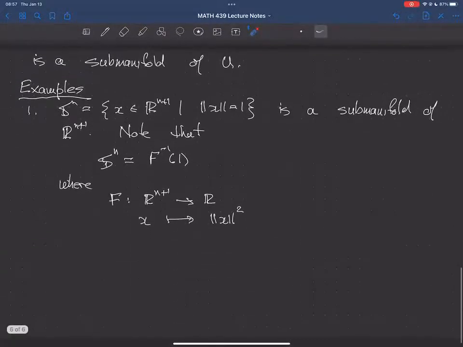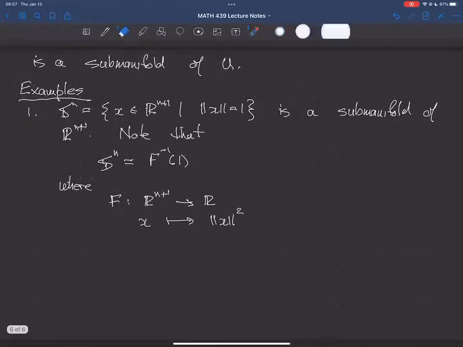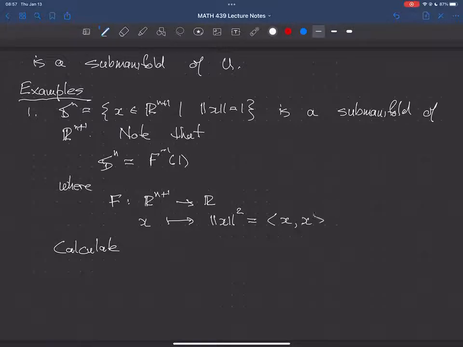So to do that, I need to calculate the derivative. Notice that I can also write norm of X squared as the inner product, and this is the Euclidean inner product.